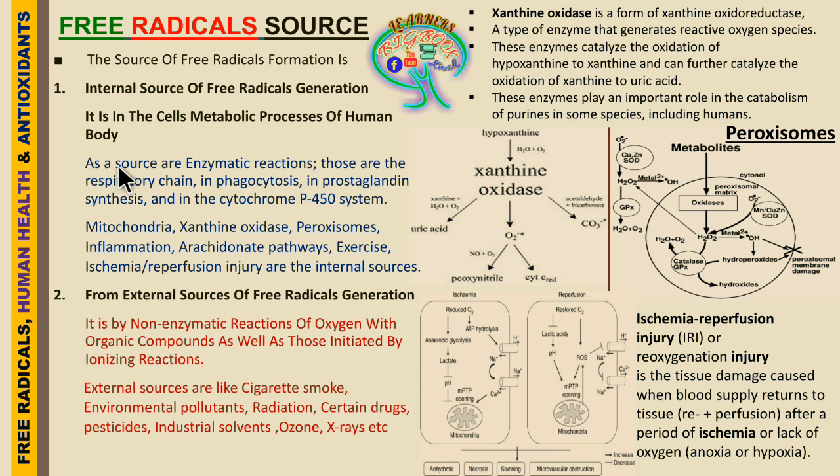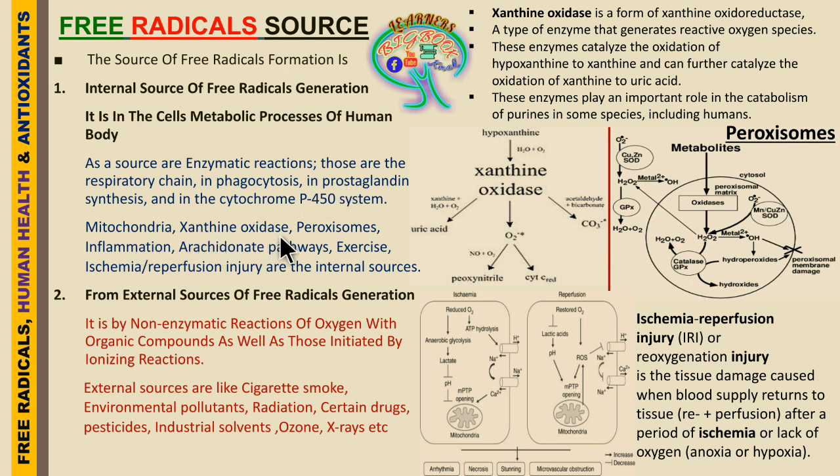Now under this, the enzymatic reactions and the respiratory chains which take place in the internal organelles of the cell, and phagocytosis, are also internal processes. Prostaglandin synthesis, even the cytochrome P450 system, is also an internal process of the organelle, that is the mitochondria.